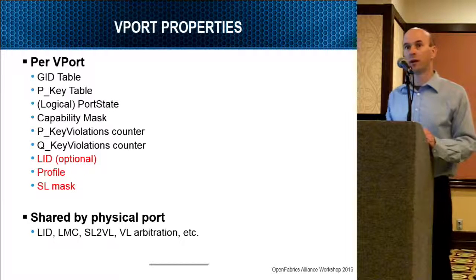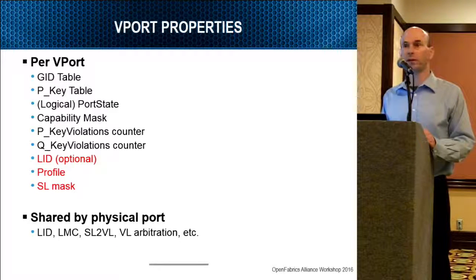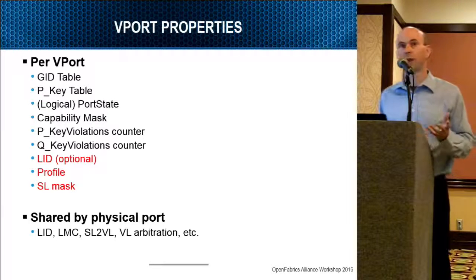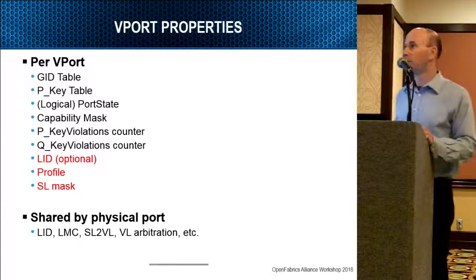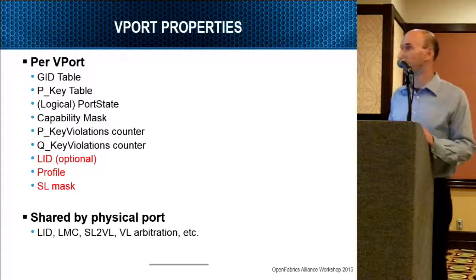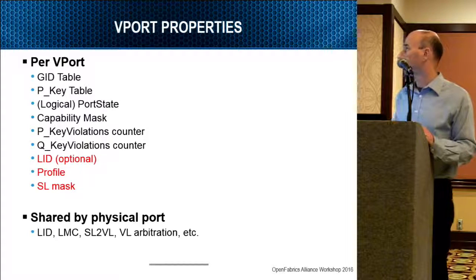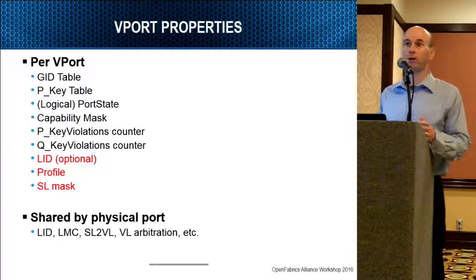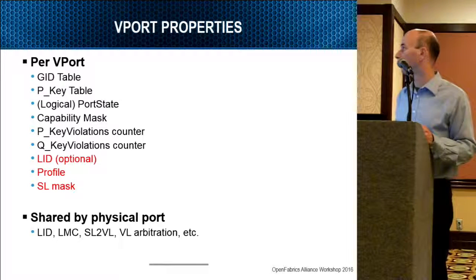And we might not want to have all these virtual entities sending packets on all SLs. Like if we have a high priority SL, maybe we want to prevent some entities from being able to use it. So subnet management can restrict the SLs, and the HCA hardware enforces that restriction on the virtual endpoint.